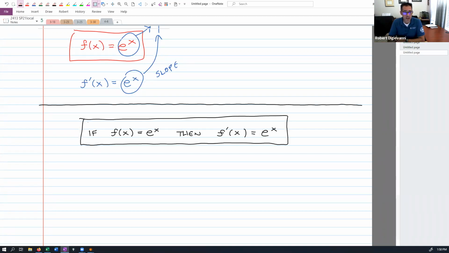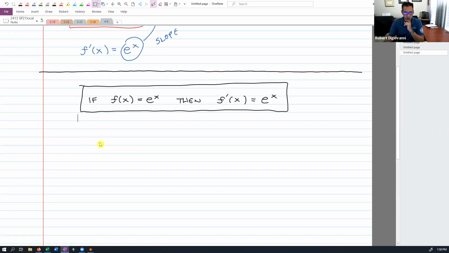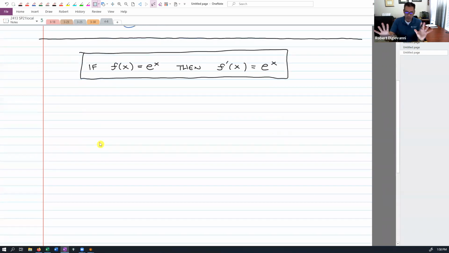The derivative of e to the x is itself. That's pretty simple to memorize. It's not like having to memorize that the derivative of sine of x is cosine of x, or the derivative of cosine of x is negative sine of x, or the derivative of tangent of x is secant squared x. It's not complicated like that. This is the only one that behaves this way. So that's what we're going to take on faith and we're going to be happy about it.